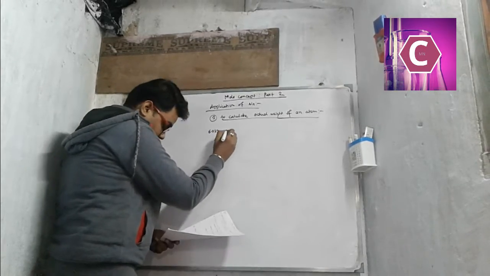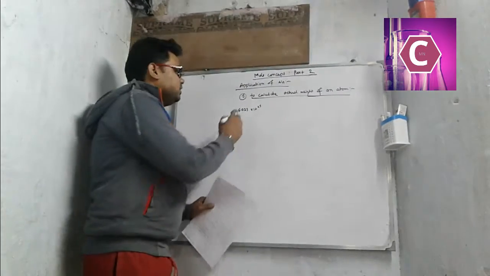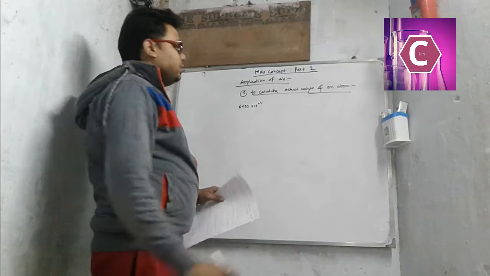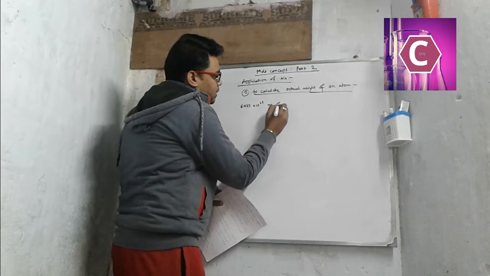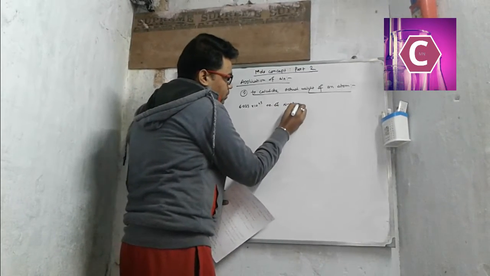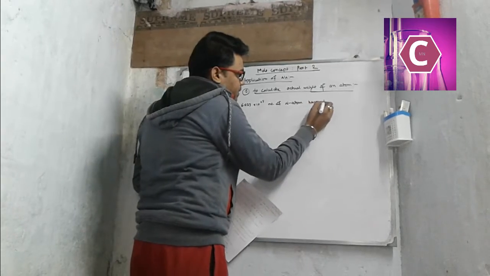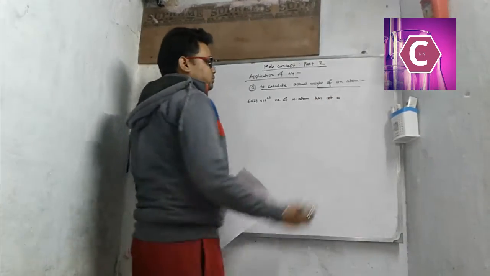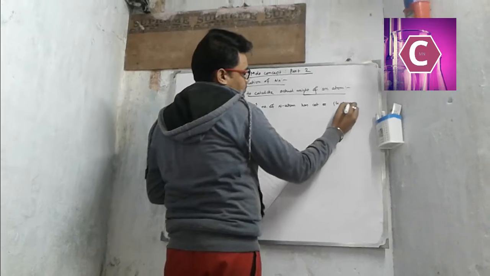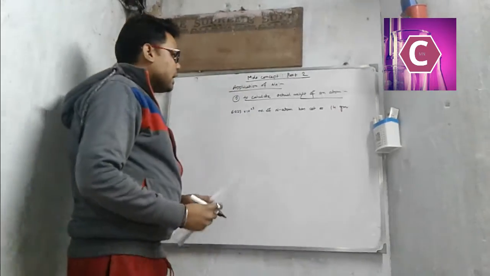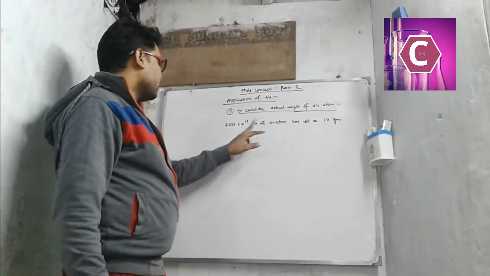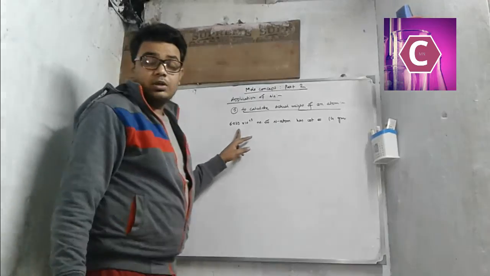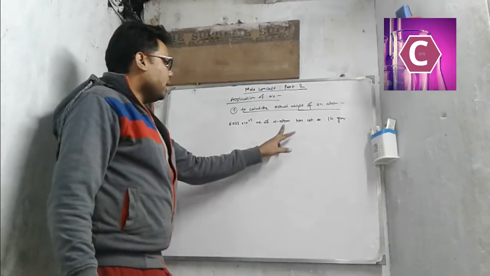6.023 into 10 to the power 23 number of nitrogen atoms has weight equal to 14 gram, because in 1 gram atom of nitrogen there are 6.023 into 10 to the power 23 number of nitrogen atoms.